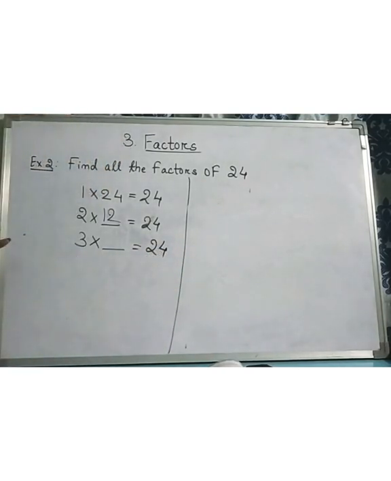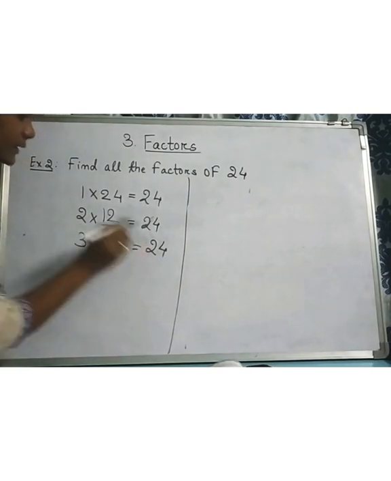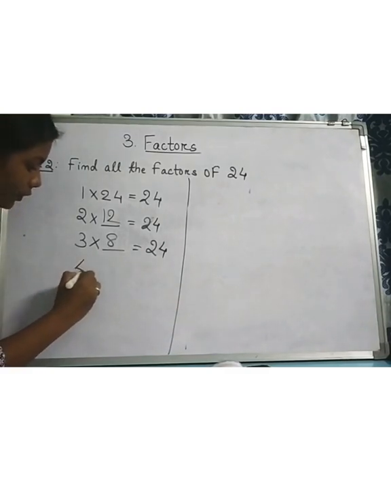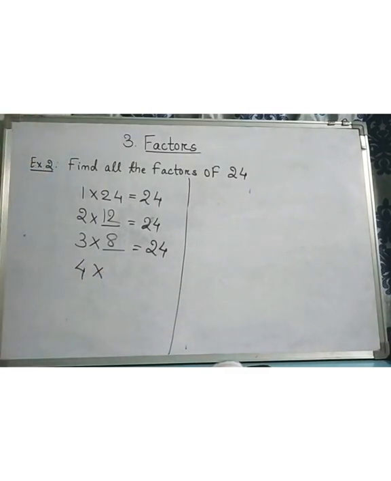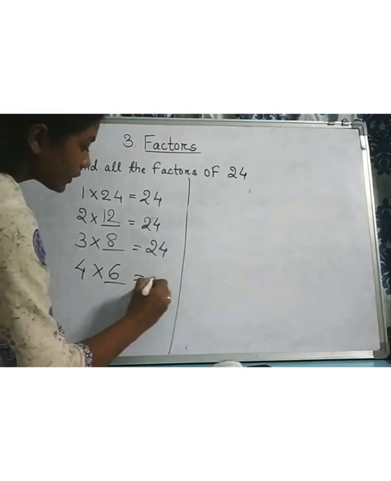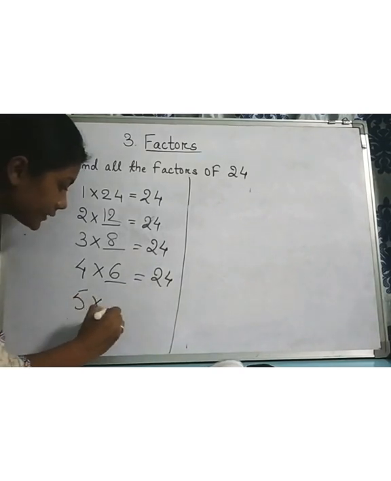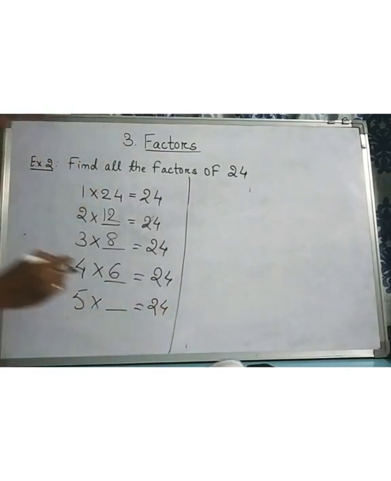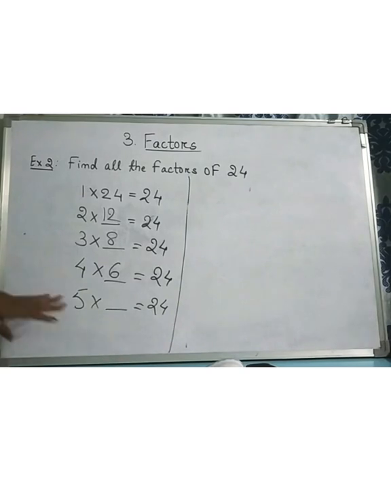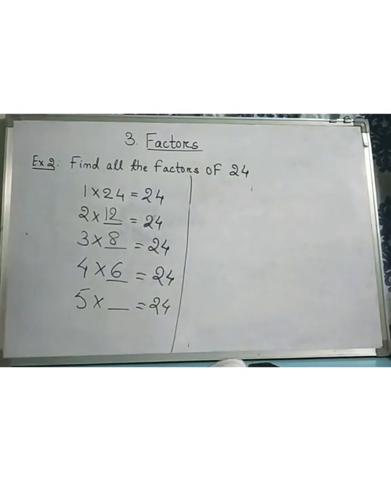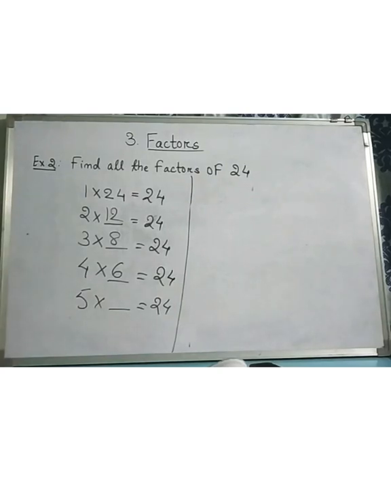With the help of the table only we can find out. 3 eights are 24. Again, 4 into 6 equals 24. And after that, 5 into dash equals 24. But does 24 come in the 5 table? 5 fives are 25. No, 24 does not come in the 5 table.